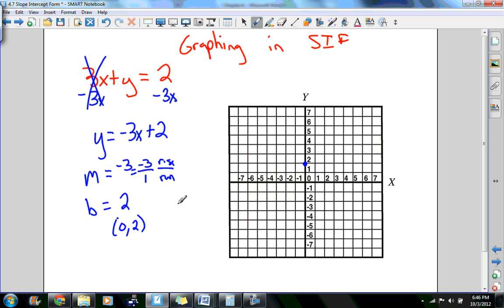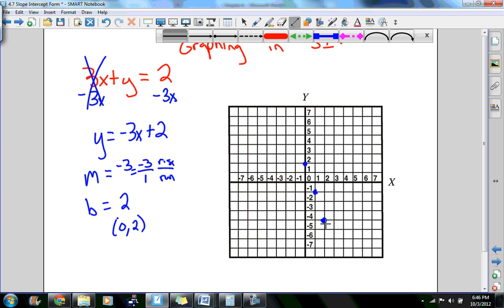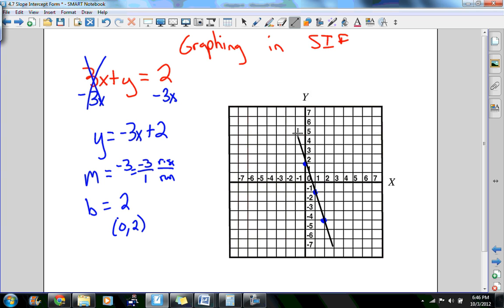So I'm going to rise negative 3 from here, not from there, from here. So I'm going to go down 1, 2, 3, and I'm going to run 1. Positive 1's this direction, so I'm right there. Now, you could do this again from this point 1, 2, 3, 1 if you wanted to, but you don't have to.